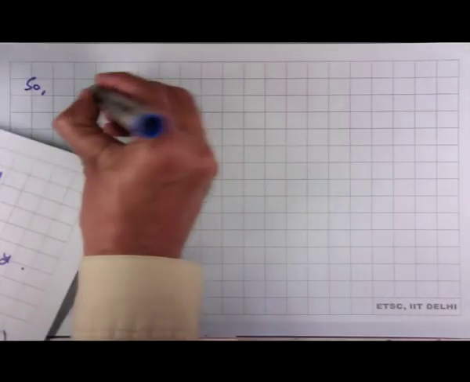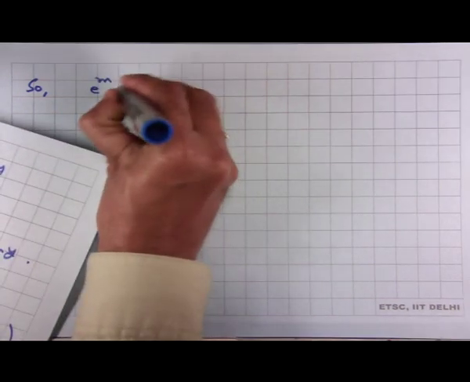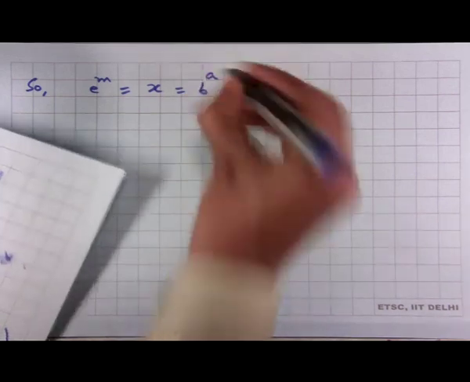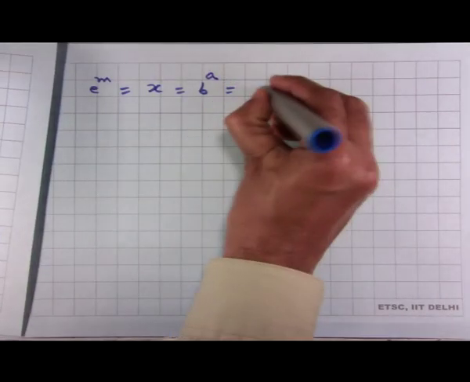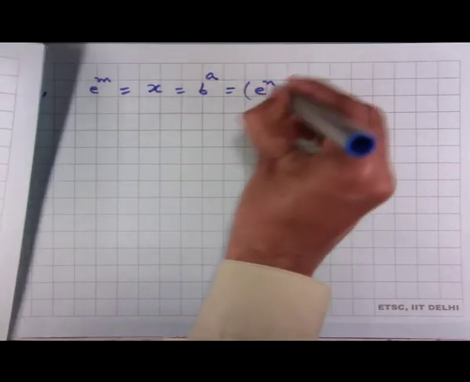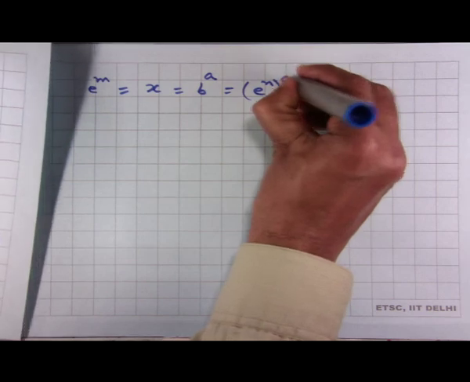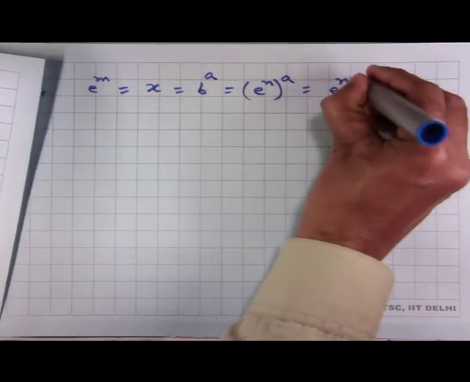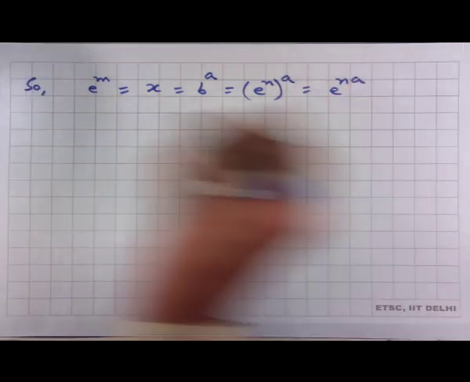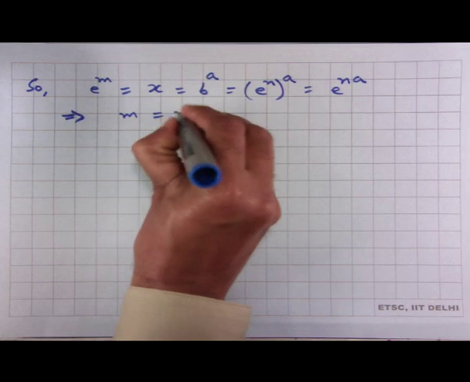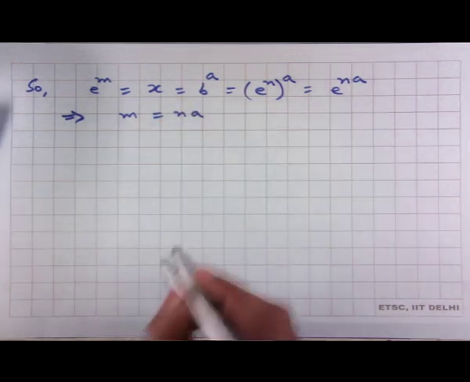So, we have e to the m which is equal to x, and x is equal to b to the power a, but b is nothing but e to the power n, raised to power a, which is equal to e to the power n a. This implies m must be equal to n a, because e to the x is a 1 to 1 function.